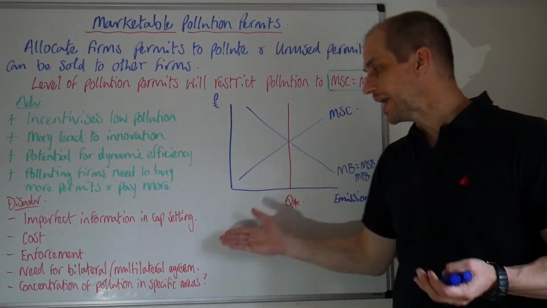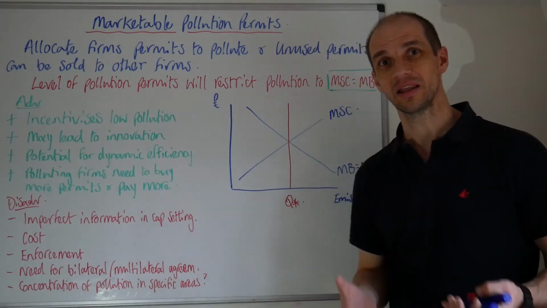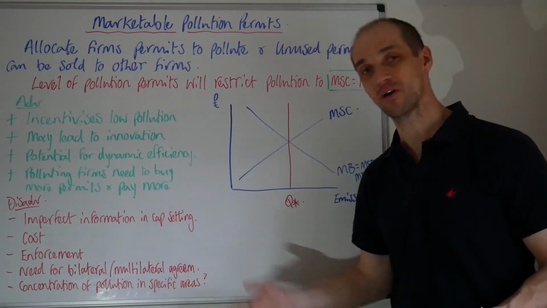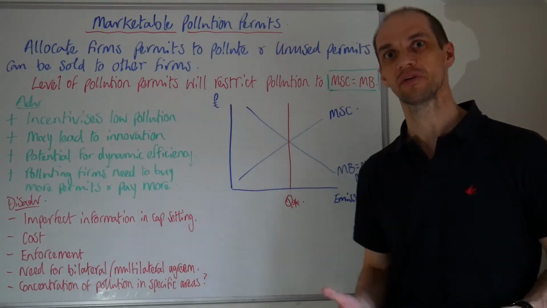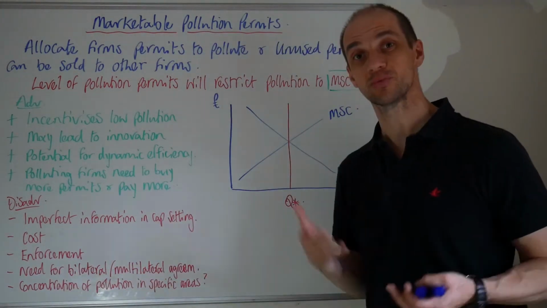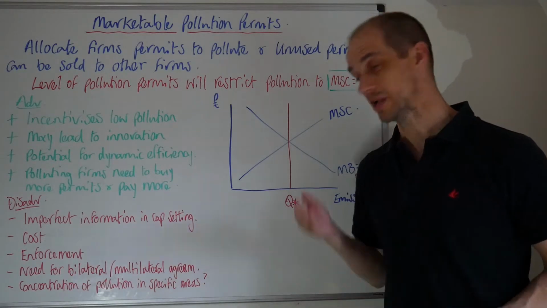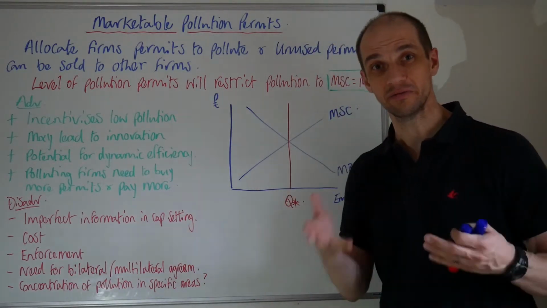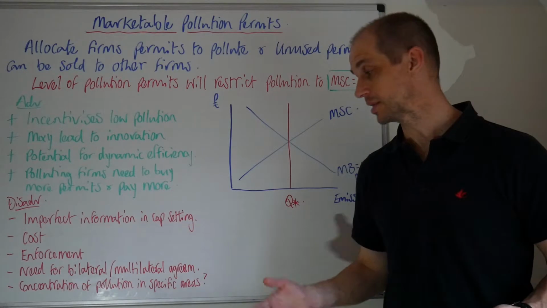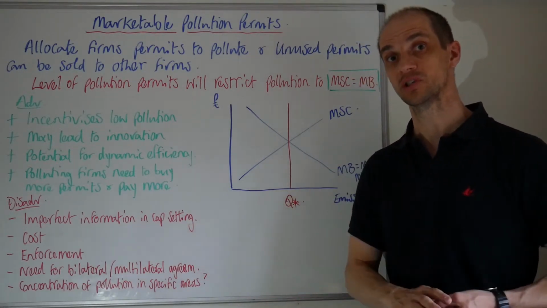So it can be difficult to agree such levels, particularly when you have certain people in power that may not be in favour of cleaner, greener energy and so on. So the last point that I've put down here is the fact that you may end up concentrating pollution in particular areas, in very specific localities, and that can of course cause all sorts of problems for those areas.